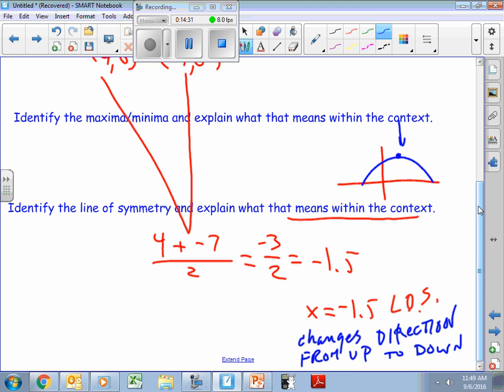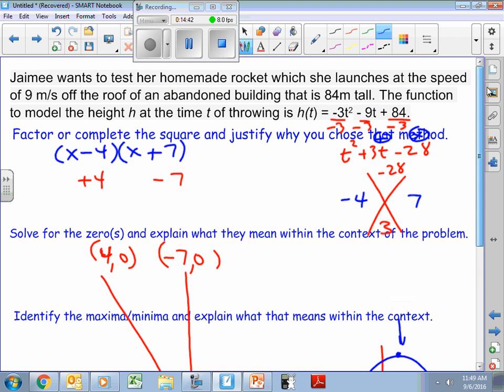Also, the zeros. What does it mean? Some people asked, what's this question asking? Was it about a ball or time? Let me check. A rocket launches, and the function models the height.